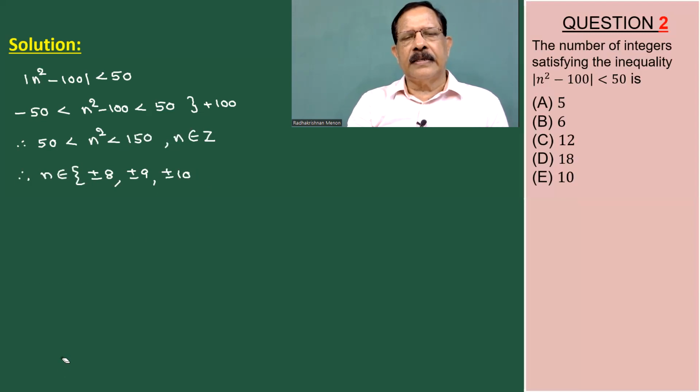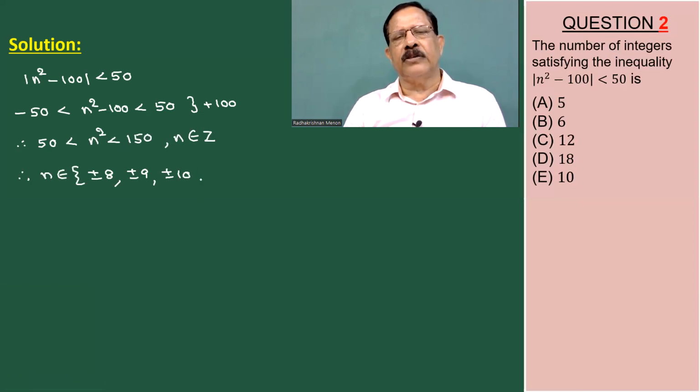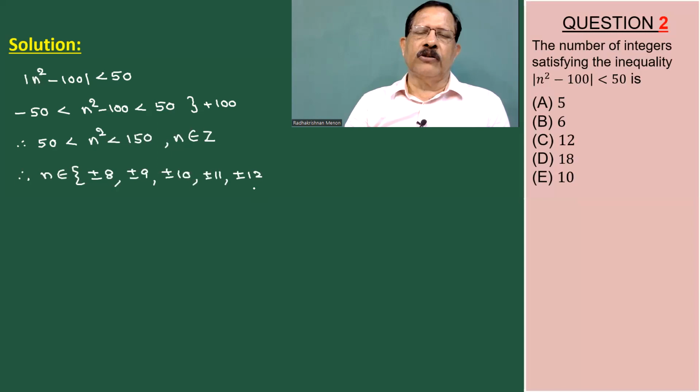Next is plus or minus 11. When you square it, you get 121. Now, plus or minus 12 gives 144. But plus or minus 13, when you square, you will get 169, which does not belong to that interval.